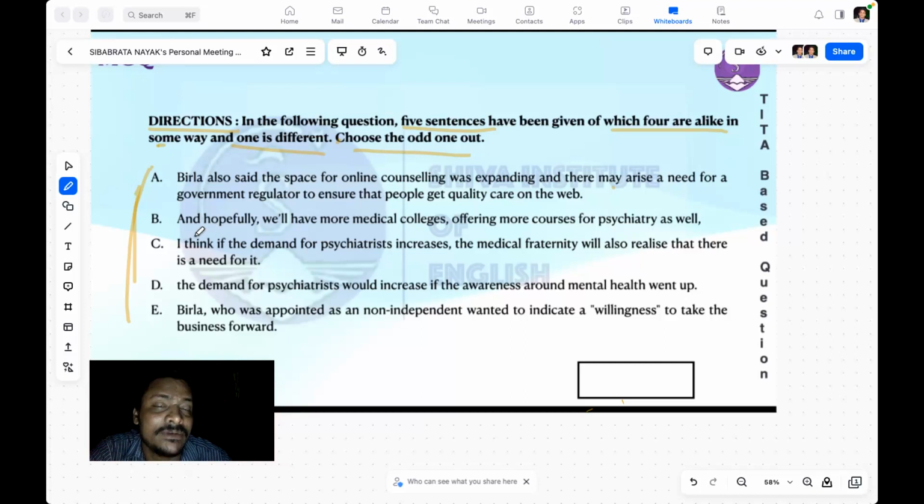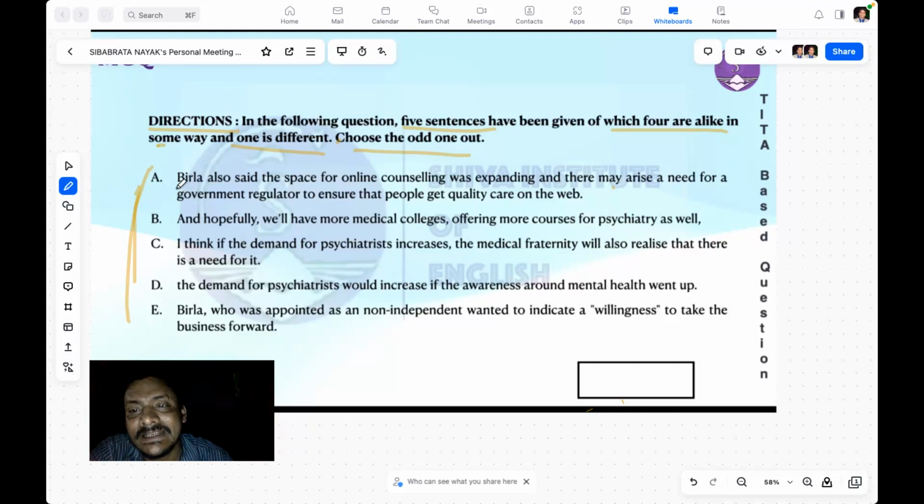Because sometimes your odd one out belongs to the same family, but lies at the end of it, or maybe belongs to a different paragraph. Therefore, if you choose a sentence in an odd manner, you definitely come up with an error. So your priority is to make a sequence and then go with the odd one out.